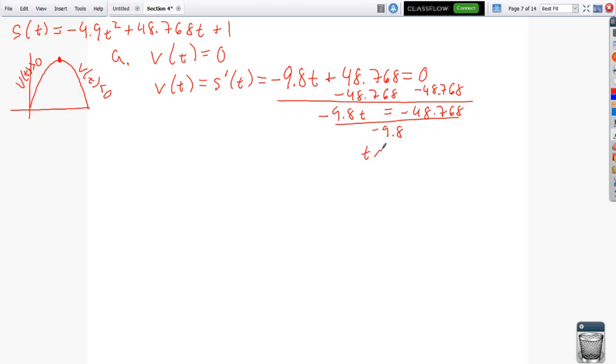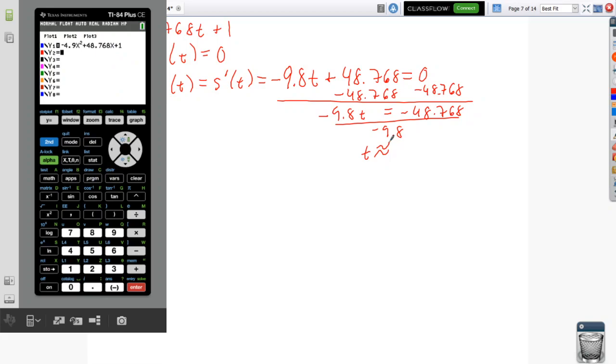We've got t is approximately, and some of you will probably be faster at this than I am, because I just need to pull up my calculator. We now want to find out 48.768 divided by 9.8. I hope you guys will forgive me that I didn't put the negative there. 4.976.